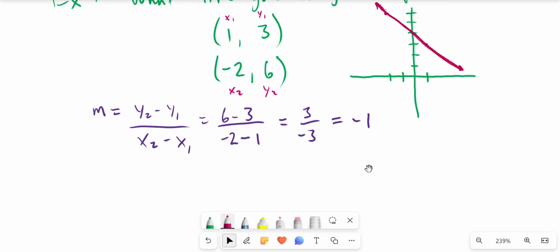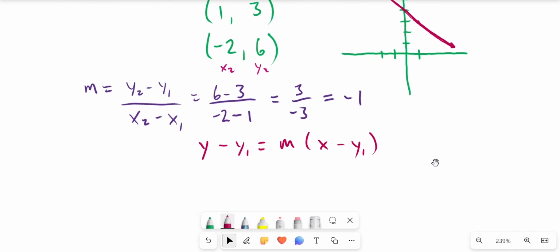We can use point slope form for that. y minus y1 equals m times x minus x1, where now my x and y without the subscripts are variables. And we can plug in our other numbers, y minus, right? That was our y1. Minus 1 here times x minus x1.